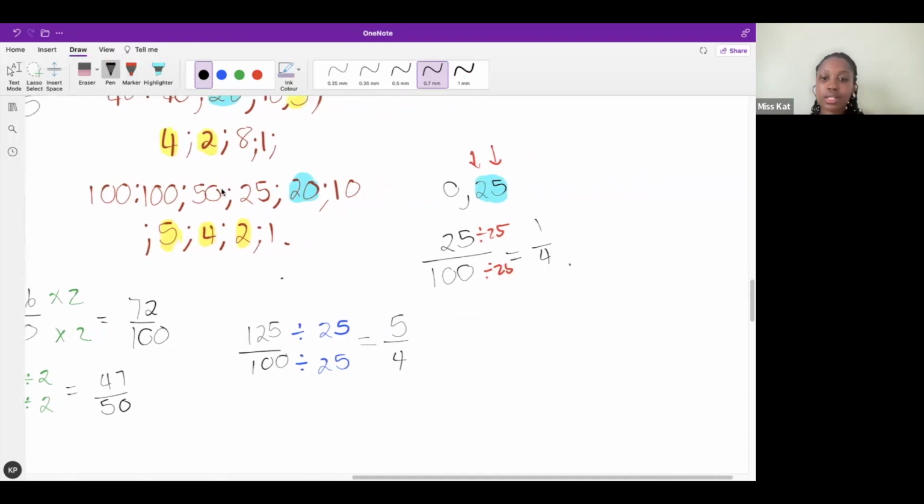Let's do another one. Okay, if I have 0.05, I said you put that number as is, 5 over. How many digits do we have after the comma again? 2. So it's still over 100.